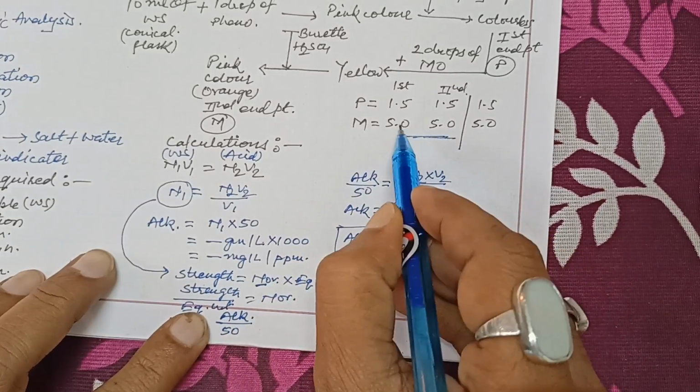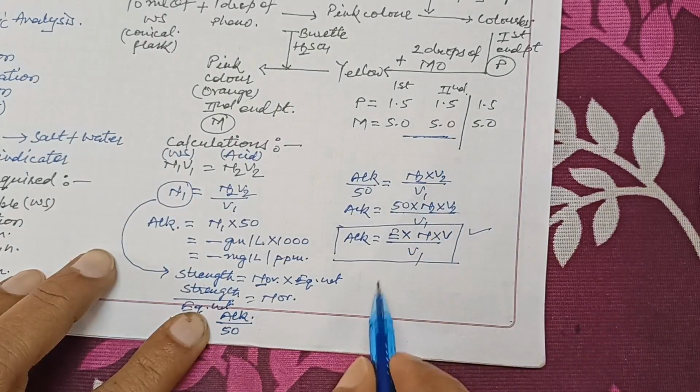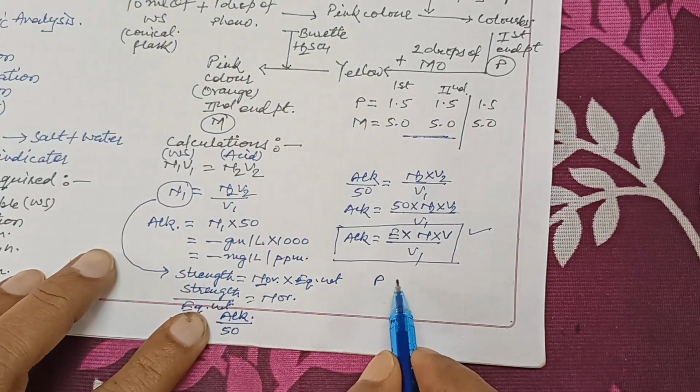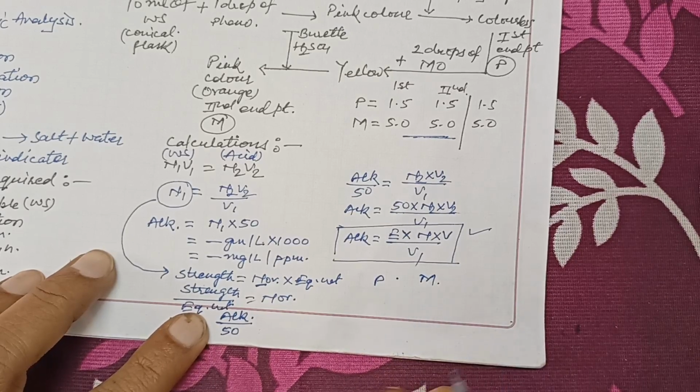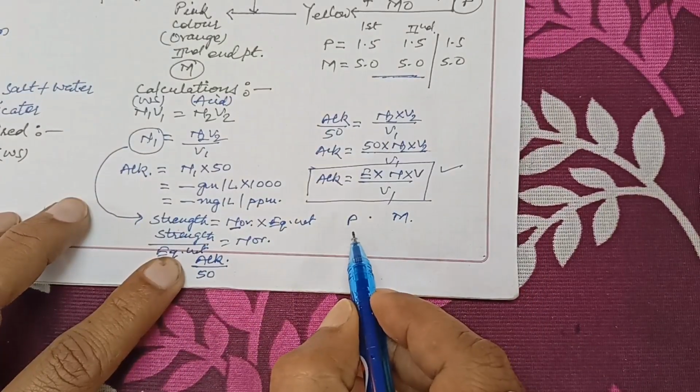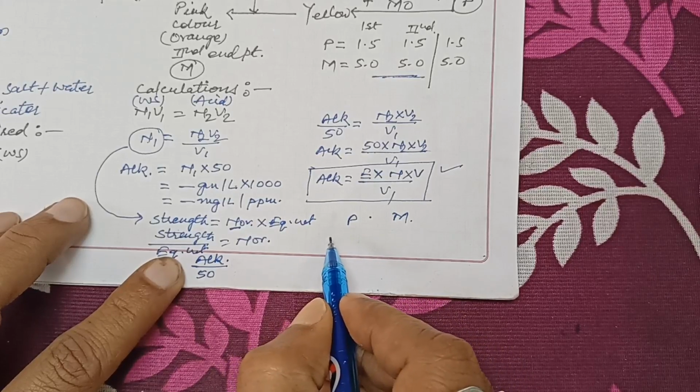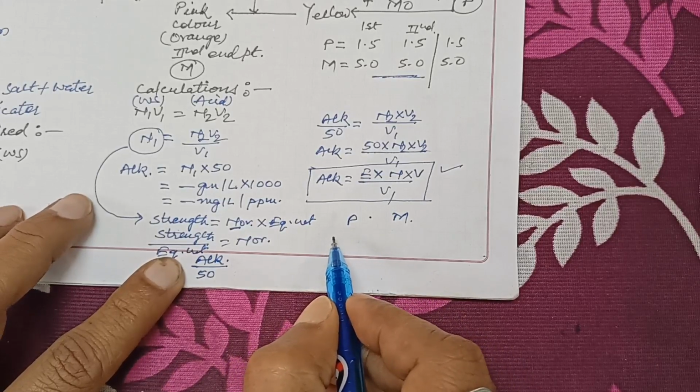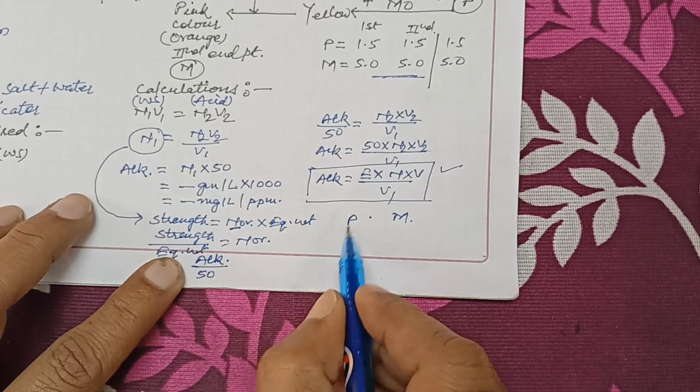What is the meaning of this P and M? P and M have a relationship with each other, and 5 cases originate.